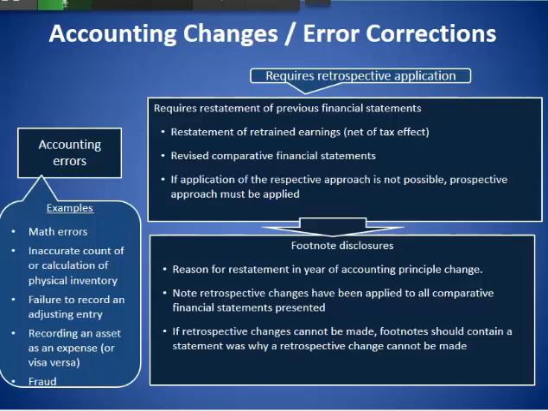It's also important to point out a change to a generally accepted accounting principle from one that was not is not an error correction. It's not an accounting change. Now, in the case of an accounting error, it does require restatement or retrospective application. In other words, the restatement of previous financial statements.